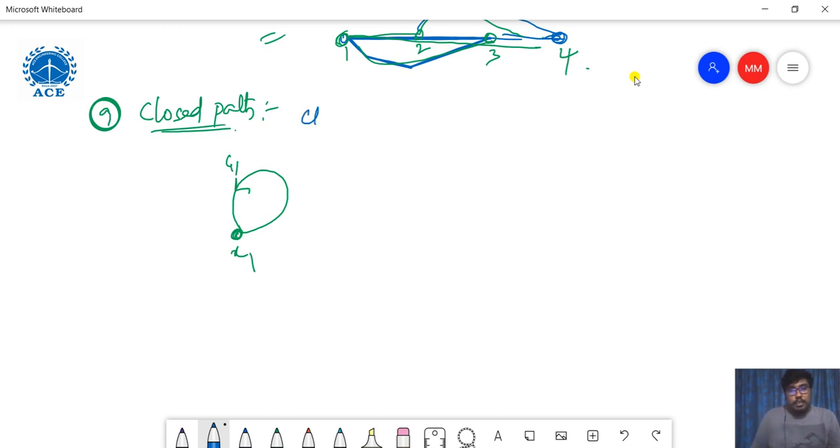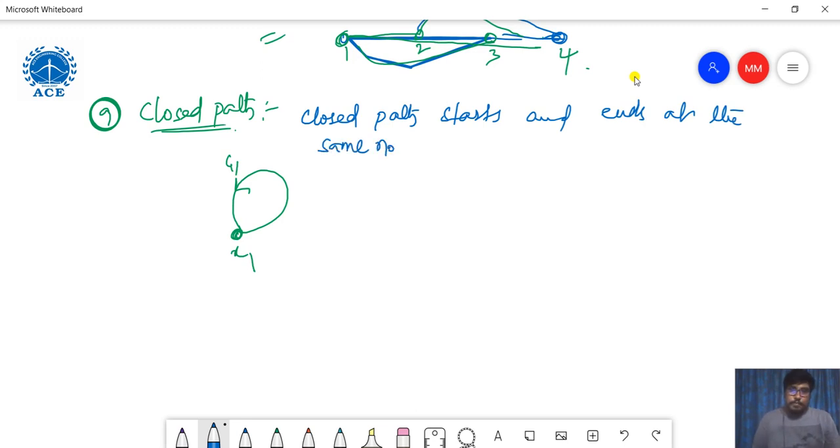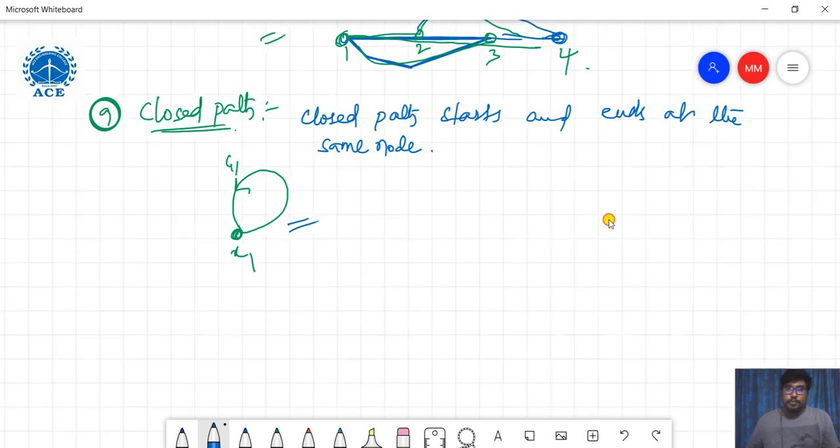Closed path starts and ends at the same node. This is the example. Okay. Simple.